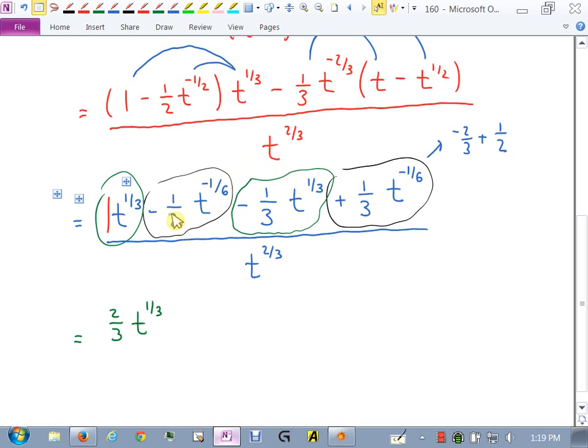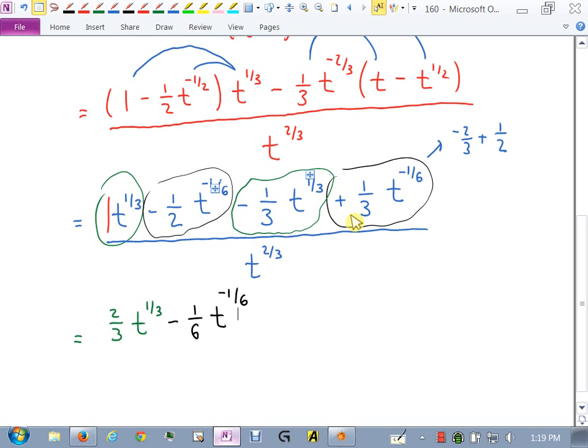So what is negative 1/2 of these plus a 1/3 of those? Negative 1/6 of those. So I have negative, what is it? Is that right? Negative 1/6?